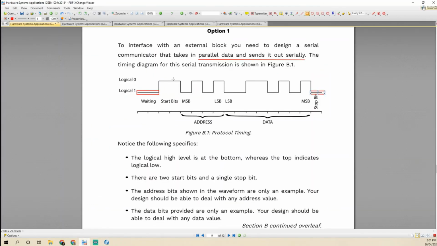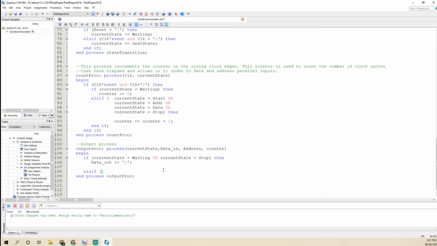When I'm in the start state, I'm sending out logic level 0s. So when current state is equal to the start state, then my data out line is going to be sending out 0s.